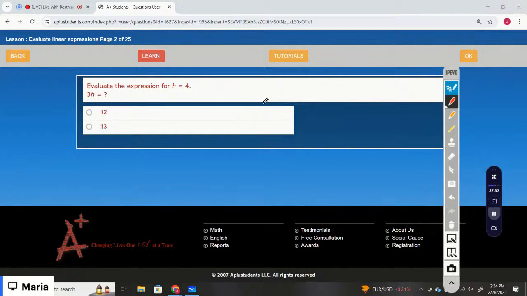The value of the h is 4. You have to do 3 times 4, that is 12. Option number 1 is the correct option.